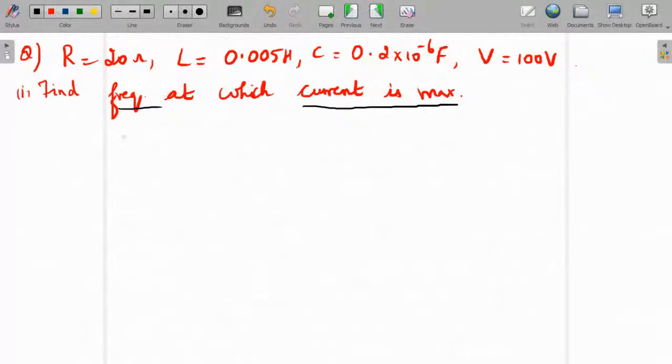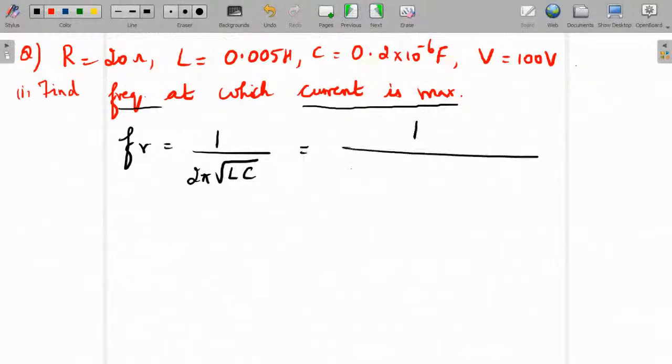So how to find resonant frequency? 1 by 2 pi root LC. Circuit component values கொடுத்துட்டாங்க. So direct substitution. 1 divided by 2 pi root of L into C. L is 0.005 into capacitance is 0.2 into 10 to the power of minus 6.